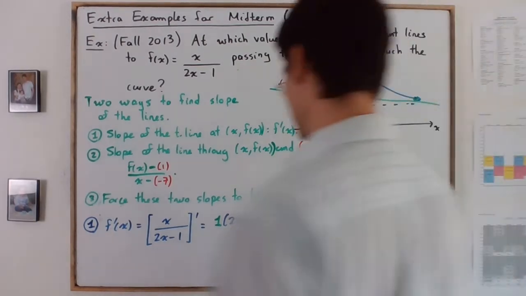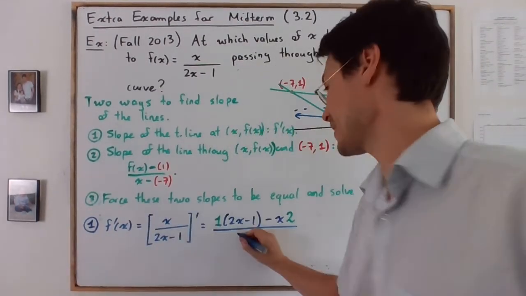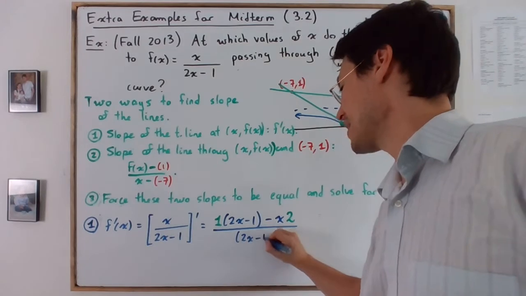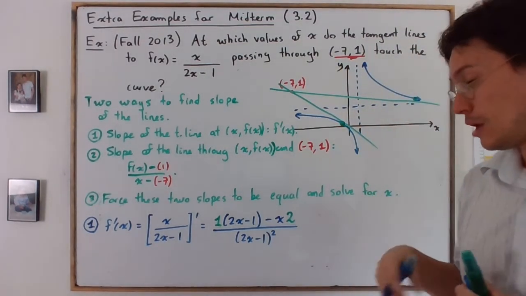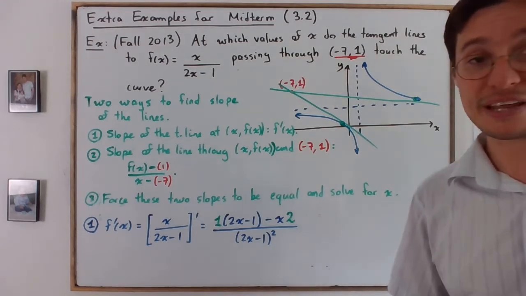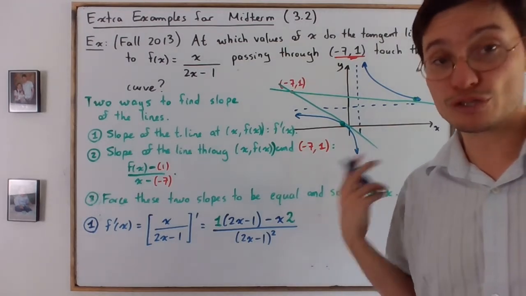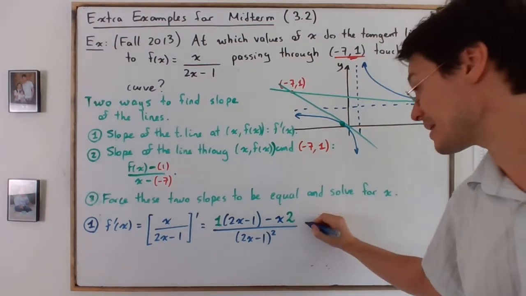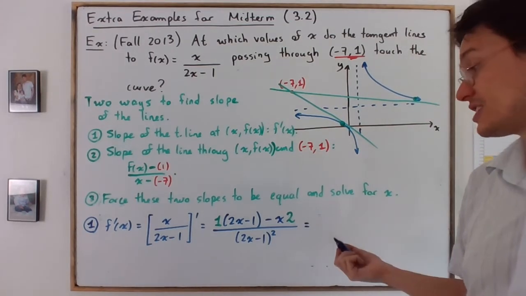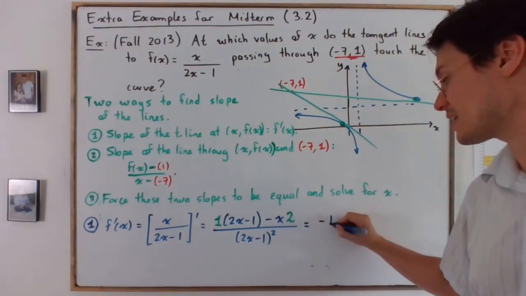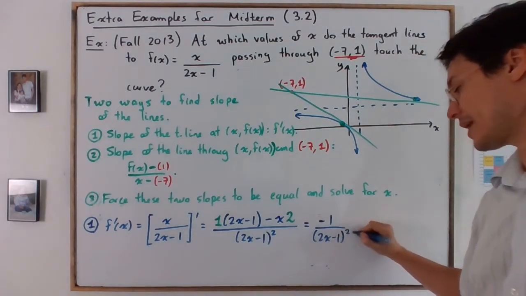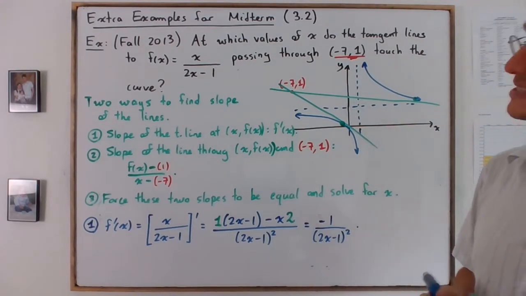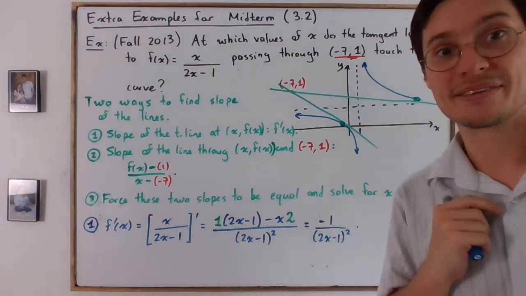And you divide by the bottom squared, the 2x minus 1 squared. Not a hard derivative, but you do have to solve an equation with it. So my recommendation here is to simplify it as much as you can, and you will get negative 1 over 2x minus 1 squared. Step number 1, done.